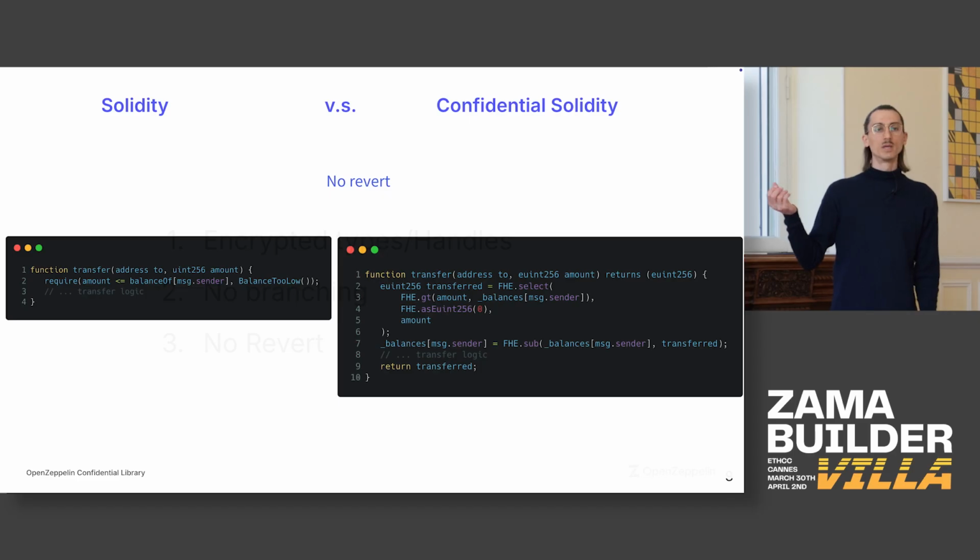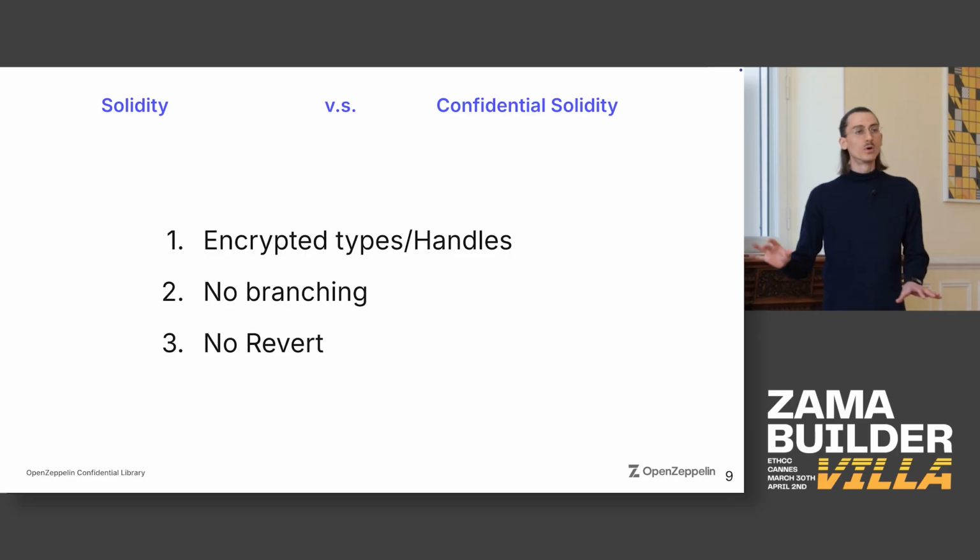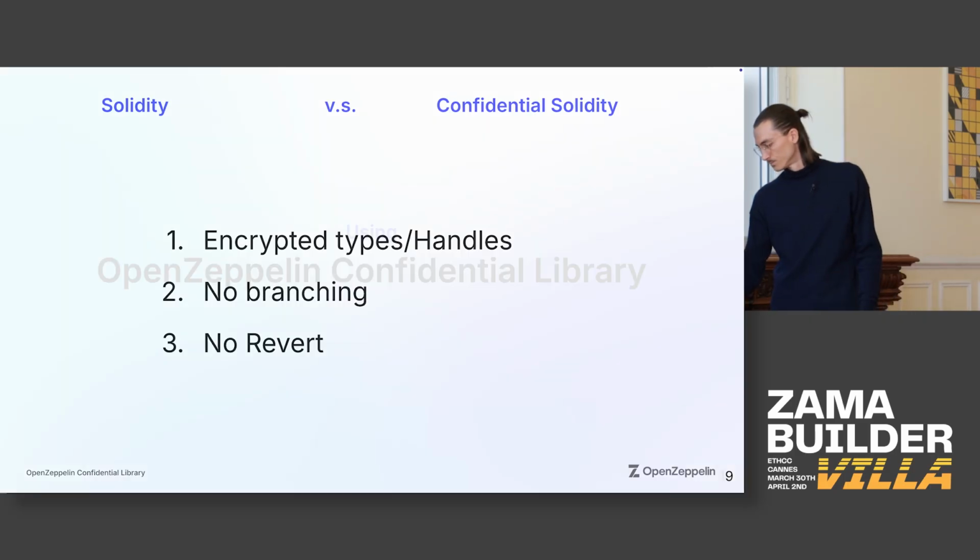So the caller would be able to know what had been transferred because there is no revert. The caller would be able to see whether it is the requested amount or the encrypted 0. Okay, so these are, in a few words, some differences between Solidity and confidential Solidity.